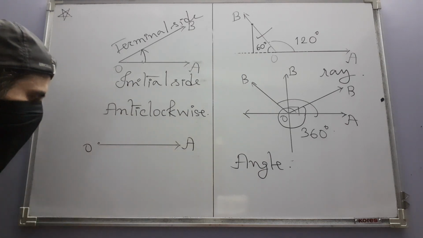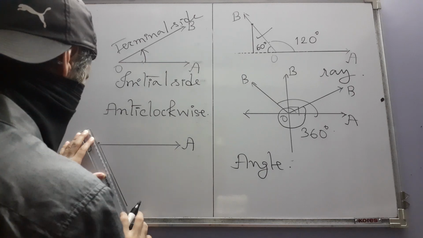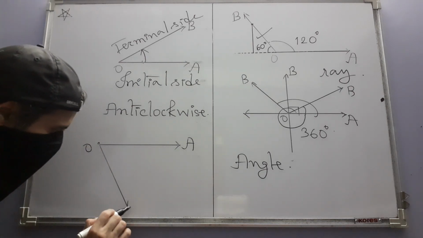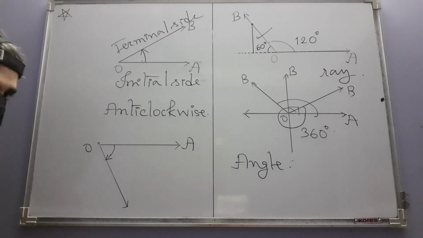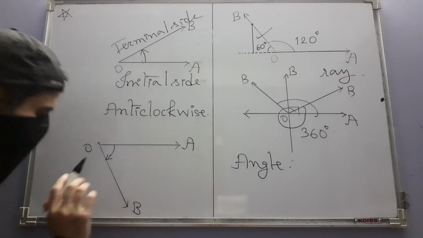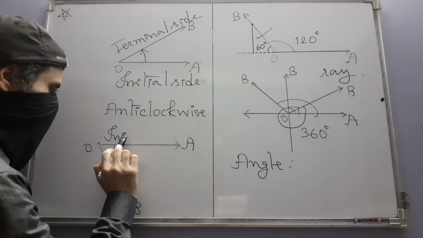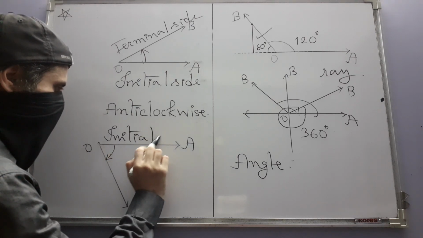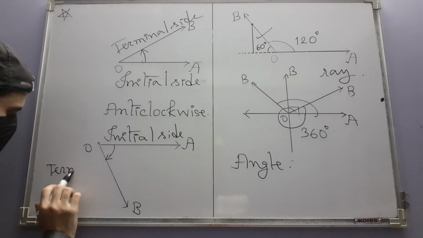So this is your initial side, and say the rotating side has gone through a rotation like this, of this much, and this is its final position. So this is the initial side, and this is the terminal side.